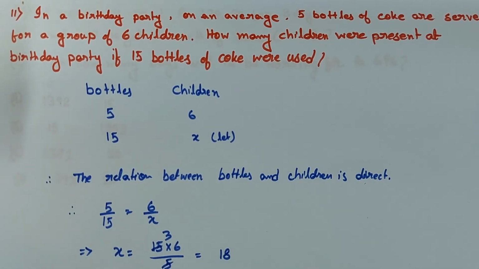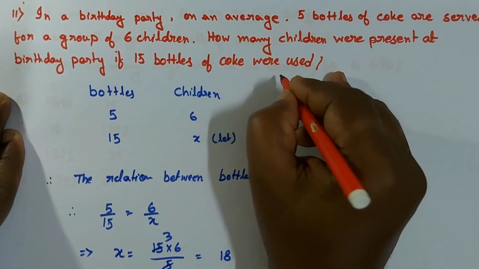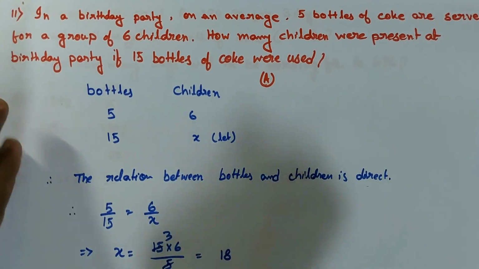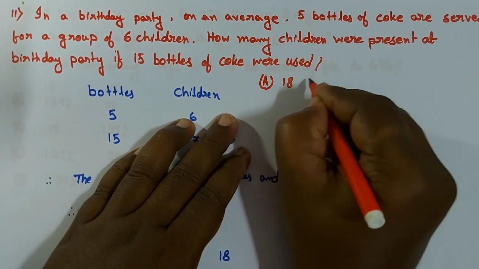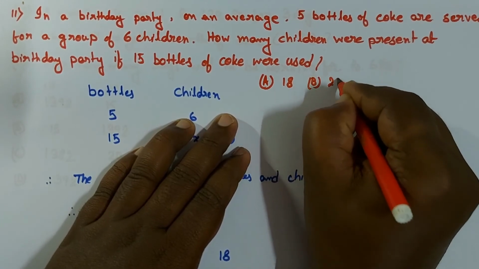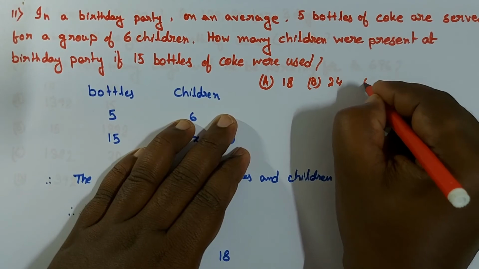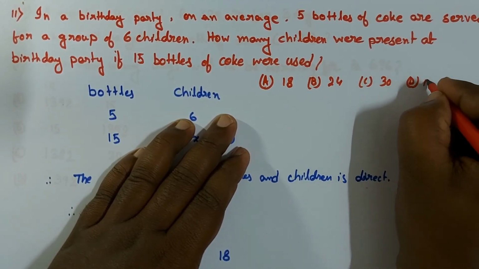Pardon me, I forgot to write the options for this question. The options I am writing here. Option A is 18. Option B is 24. Option C is 30. Option D is 12.